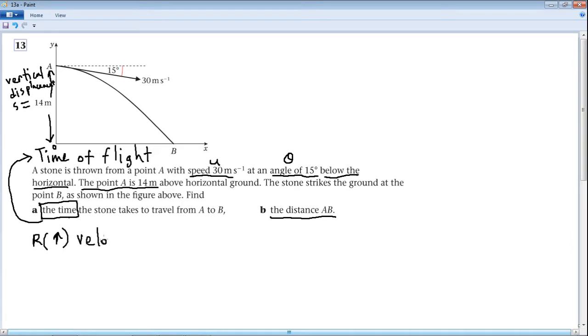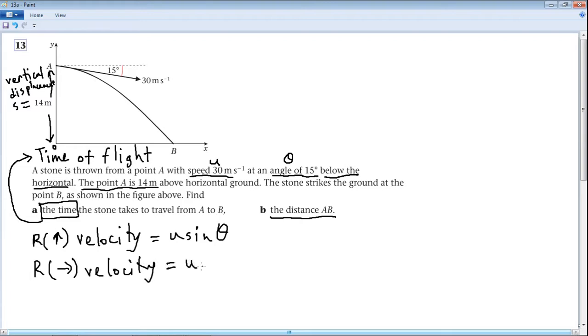The vertical velocity should be u sin theta, and the horizontal component of velocity should be u cos theta. You all know.